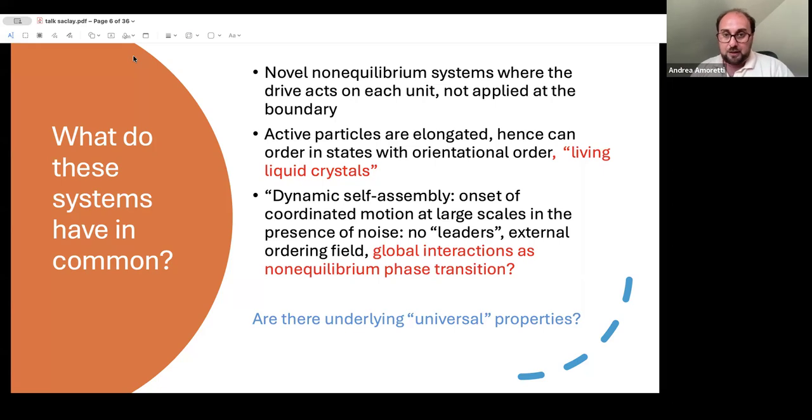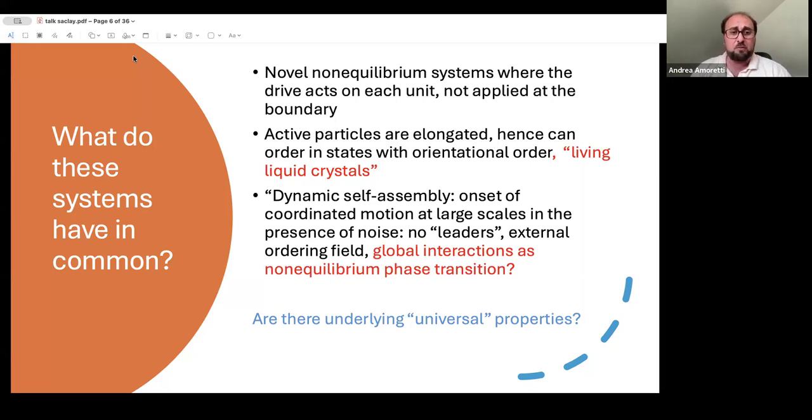Also, typically active particles are elongated. If you think about a fish or a bird, you can distinguish the head from the tail. So they do have a characteristic shape, and they typically present some orientational order. Even in Escherichia coli, this is the case.